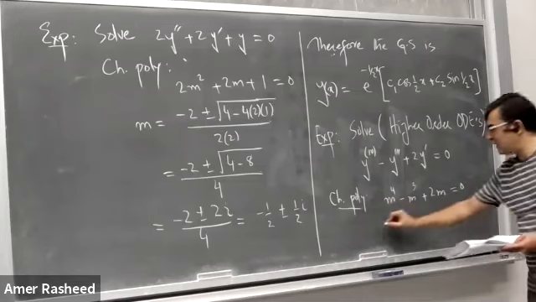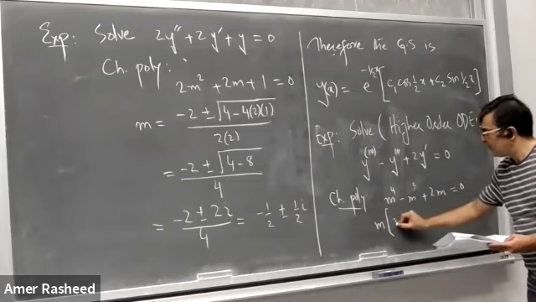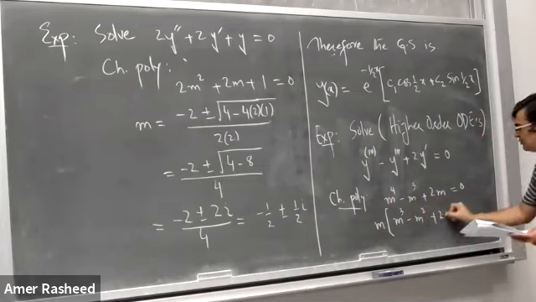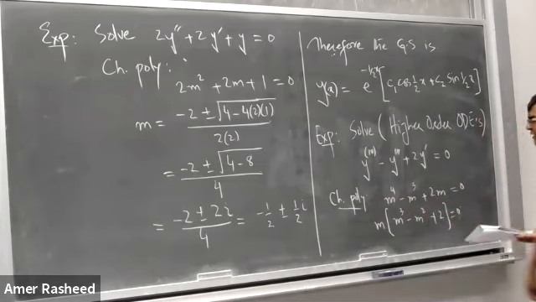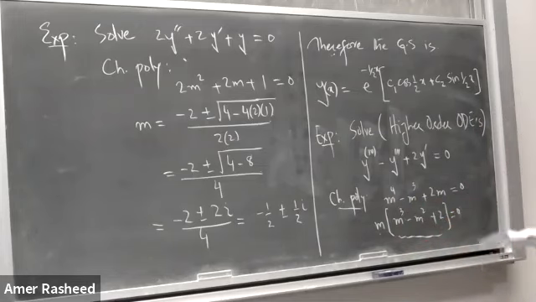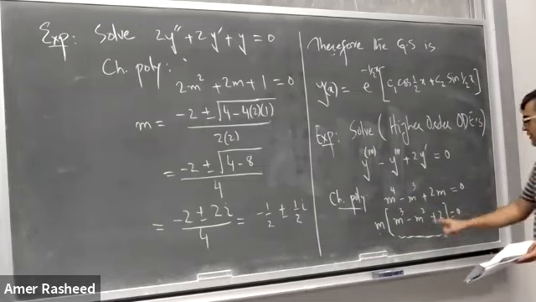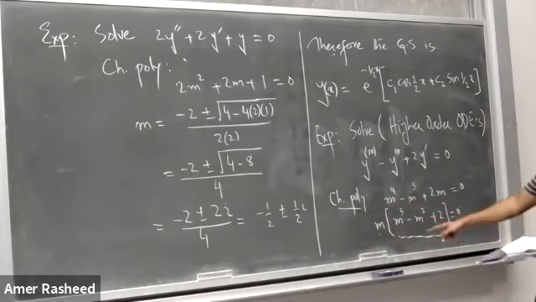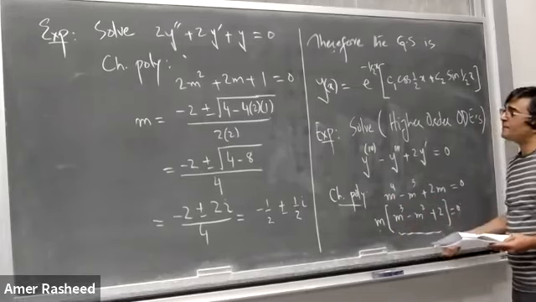And then we can take m as common. We can write m times m cube minus m square plus 2 equal to 0. Now we have a cubic polynomial here. This m gives us 0 root because this is equal to 0 and this whole thing is equal to 0. This m equal to 0 is 1 root, and we have a cubic polynomial here.